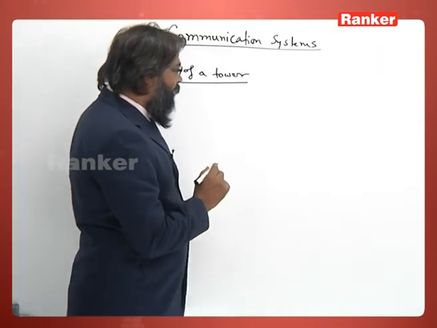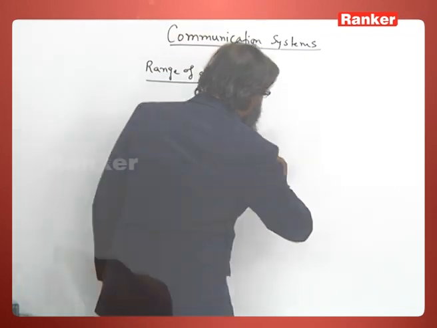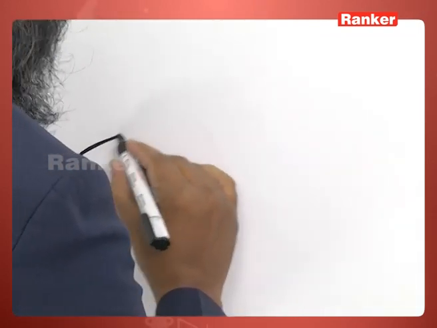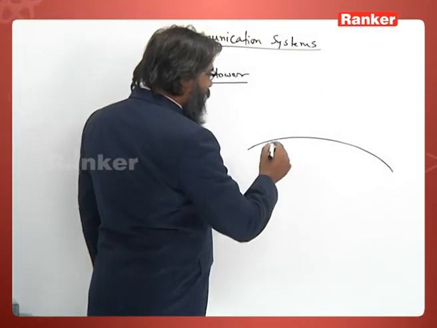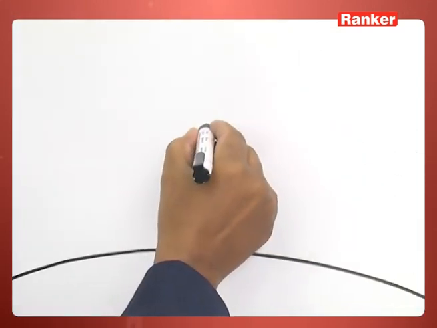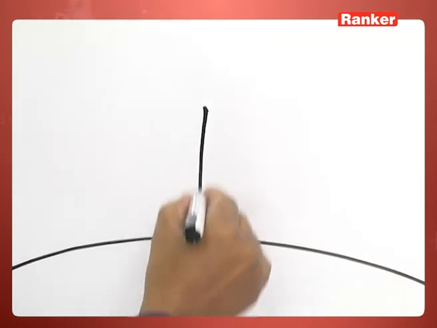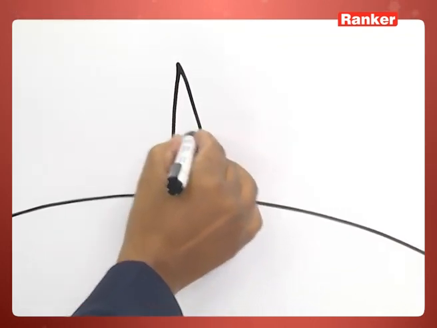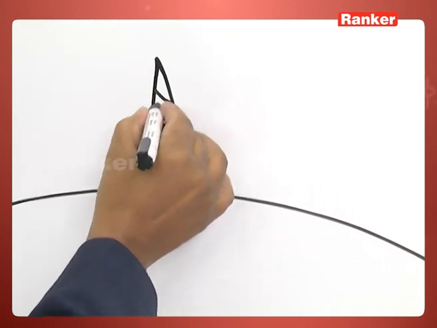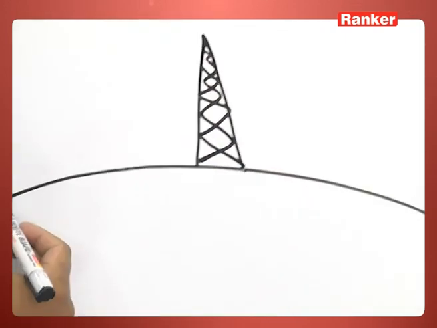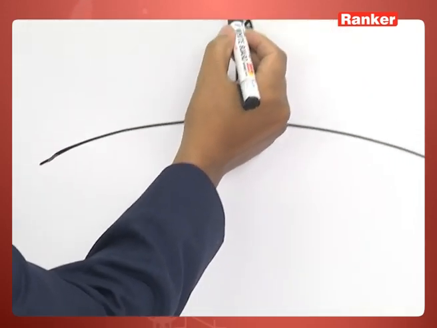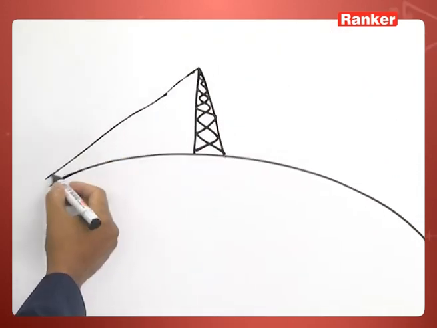First of all, this is the curvature of earth and we have a tower, a transmitter installed here. What happens if I draw a tangent from this on the surface of earth?